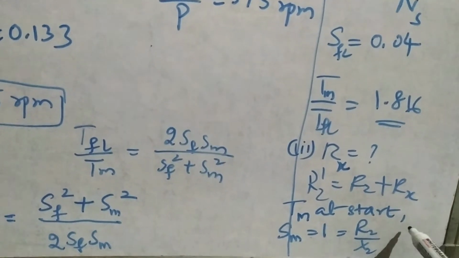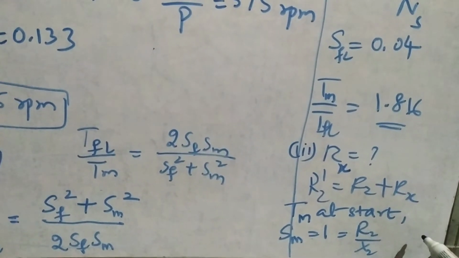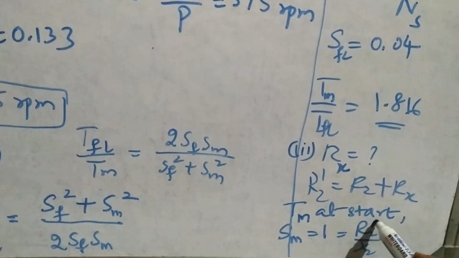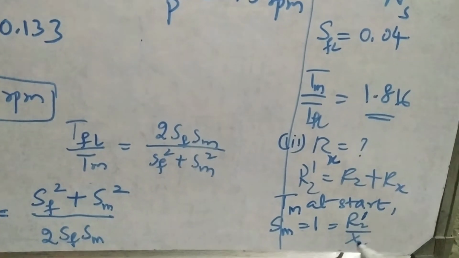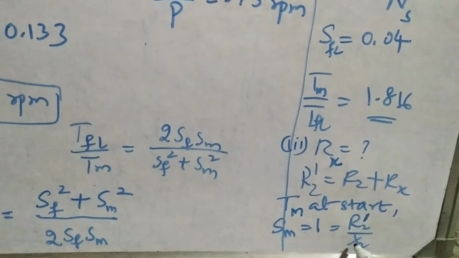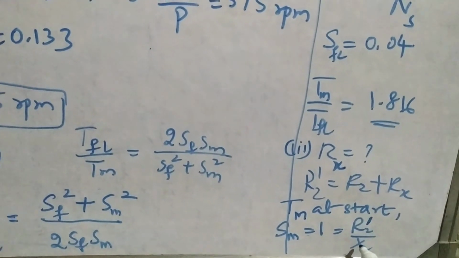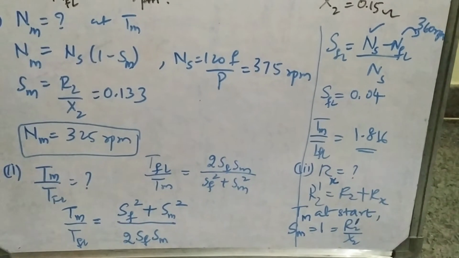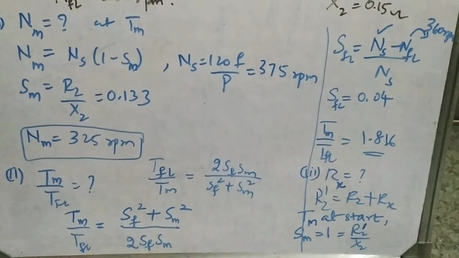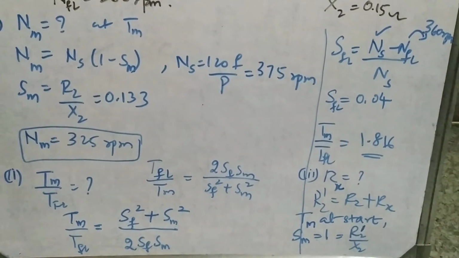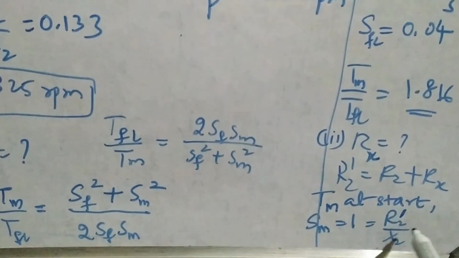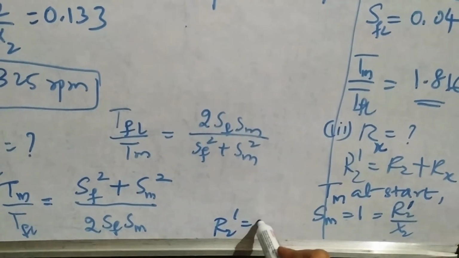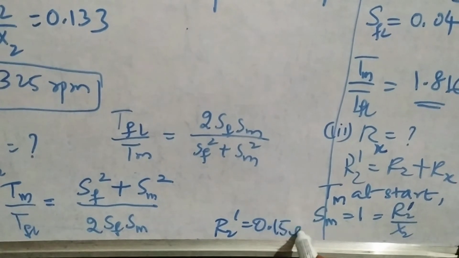Considering the new value R2 dash, when you cross multiply we get the X2 value itself, that is 0.15 in the problem. So R2 dash is 0.15 ohm.